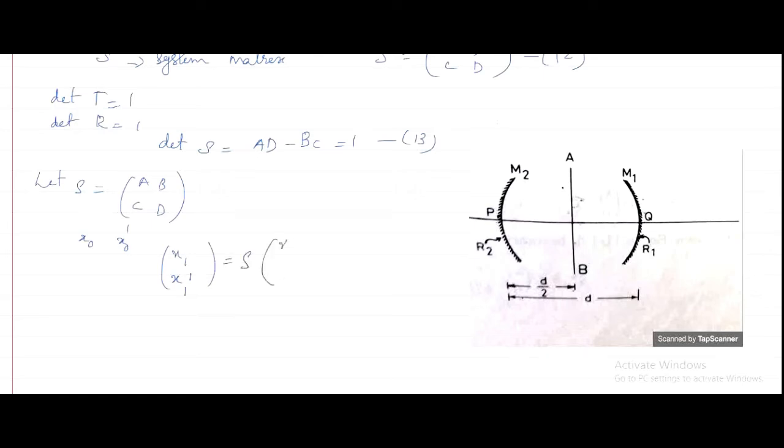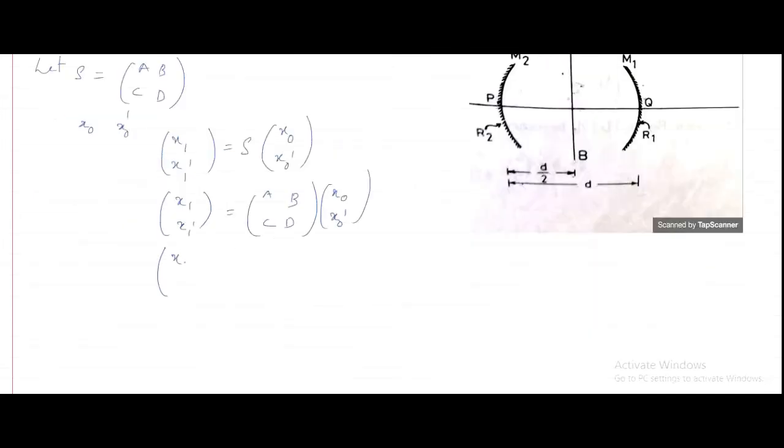x0, x0 dash. So from this we can write x1, x1 dash equals the system matrix, that is [A B; C D], x0, x0 dash. Similarly, the coordinates of the ray after two traversals will be x2, x2 dash equals S x1, x1 dash.